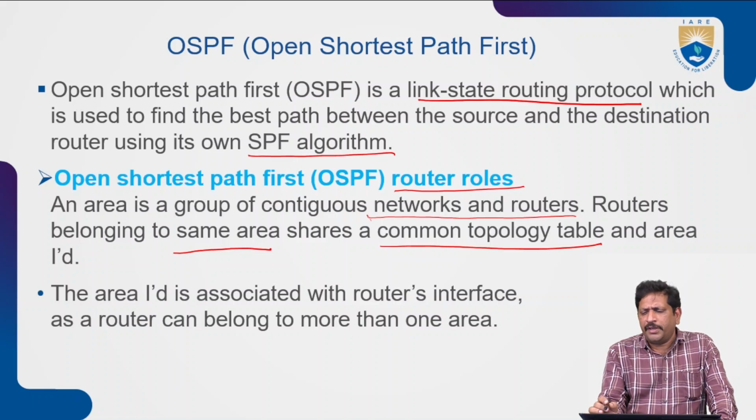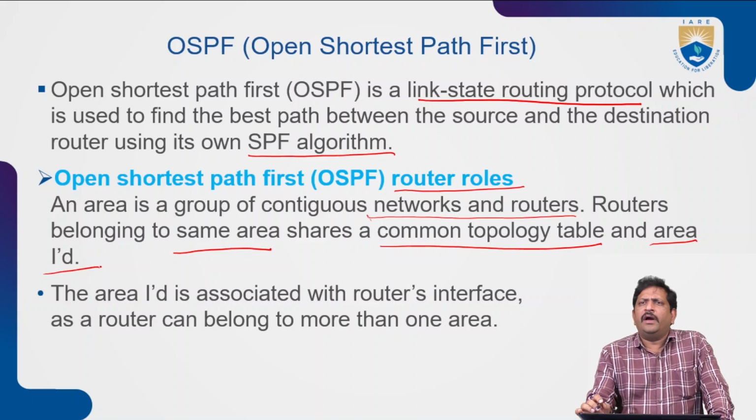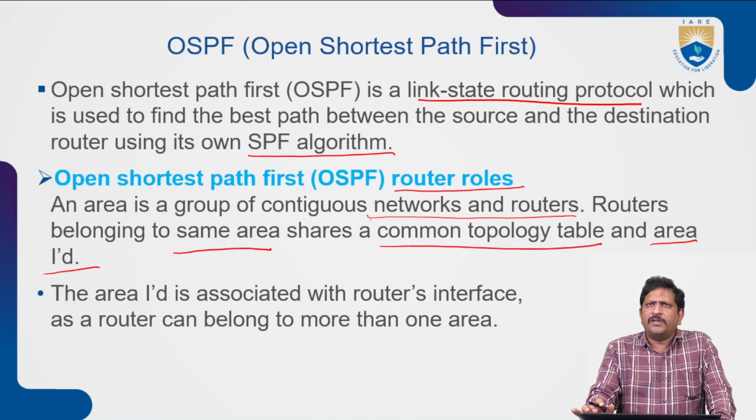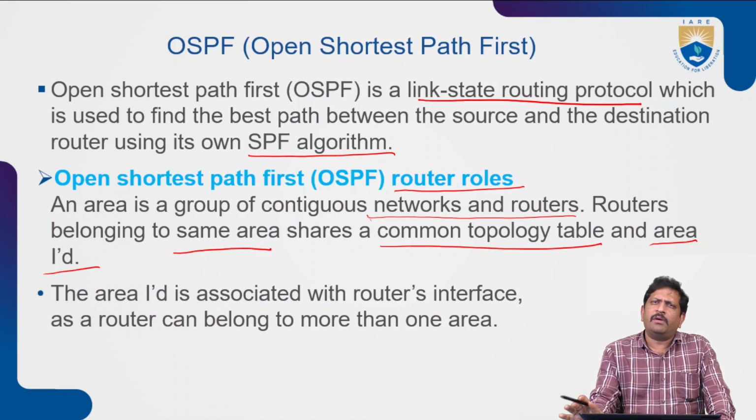And also area IDs. For each and every networking area, while utilizing Open Shortest Path First services, we give area IDs, that is ID 0, ID 1, ID 2, and more, depending upon the area utilization.